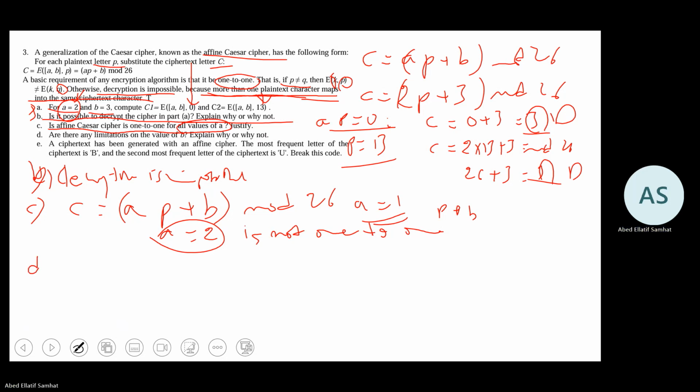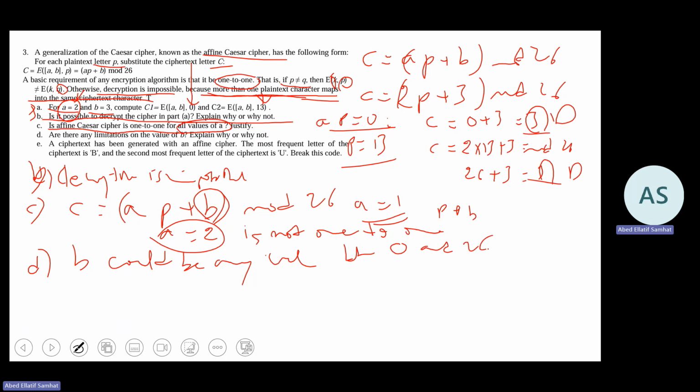For D, is there any limitation on the value of B? Because we are adding B. It's just any value. B could be any value between 0 and 25, because we are working on 26 letters.